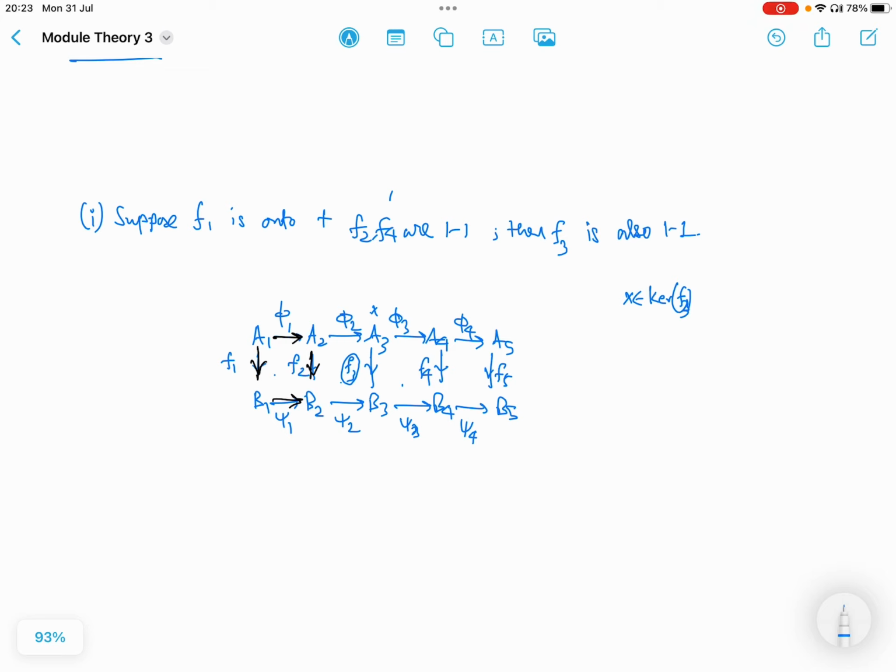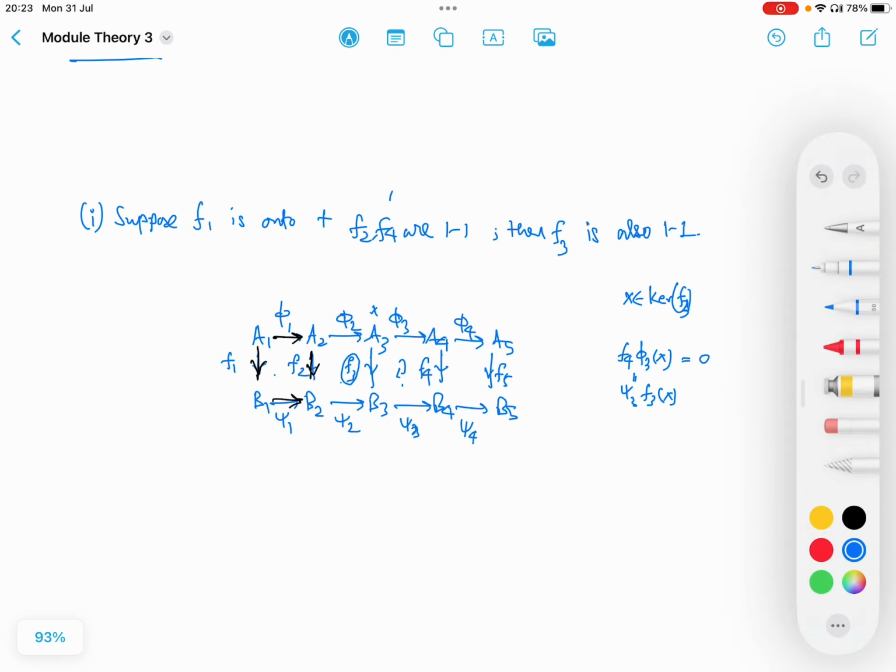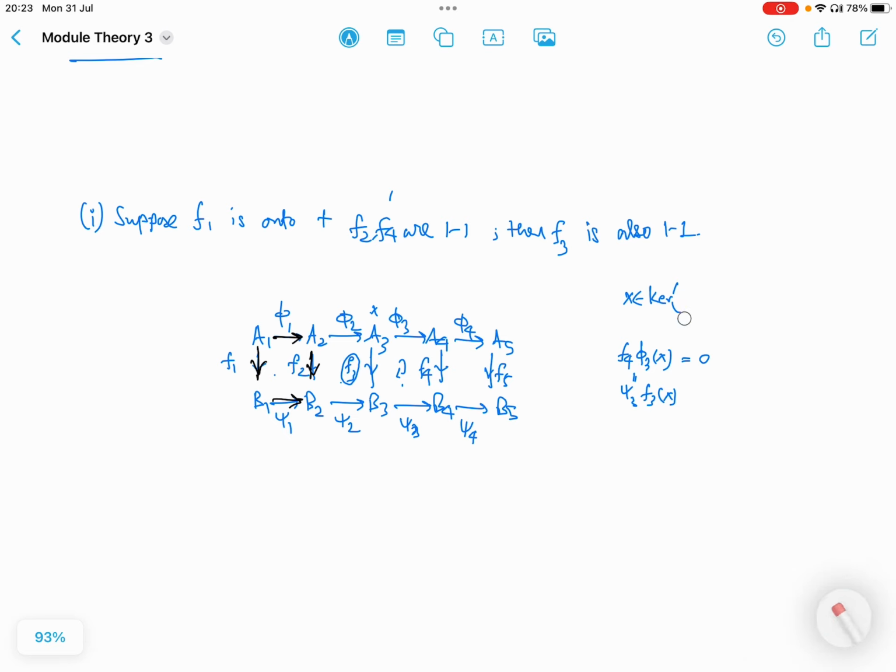So you can go via phi 3, and this will land you inside A4. And if you now apply F4 to it, you will get 0, right? Because due to commutativity of this square, this is same as applying F3 first and psi 3 then. But F3 of x is 0 because x is coming from the kernel of F3.